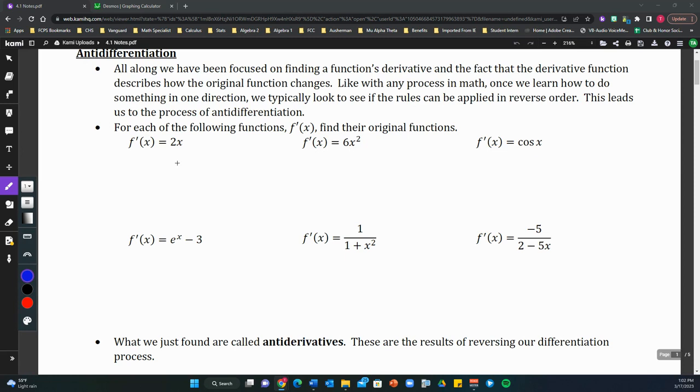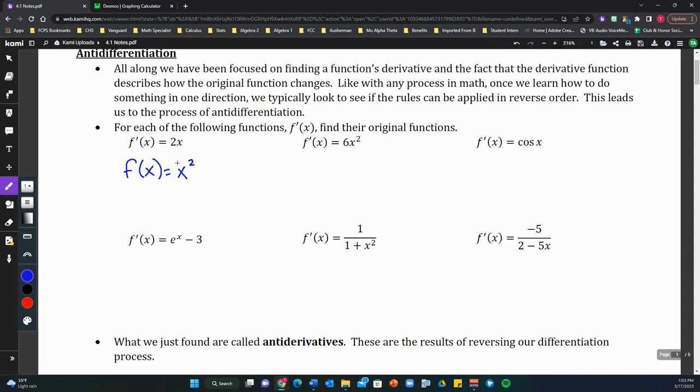So that means it's kind of just the reversal of our power rule. 2x is something that we have written down as f prime for lots of different functions, because that stems from the original function x squared. If I had started with f of x equals x squared and used the power rule, the 2 comes down, the new power is 1, so we would end up with f prime of x equals 2x. That one's pretty simple.